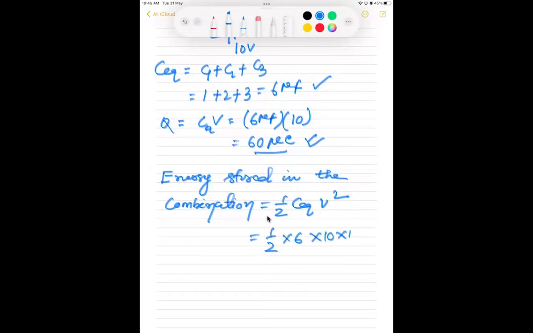Into 10 into 10. It is going to be 300 microjoule. Students, all understood or not? All wrote? Are you listening all?